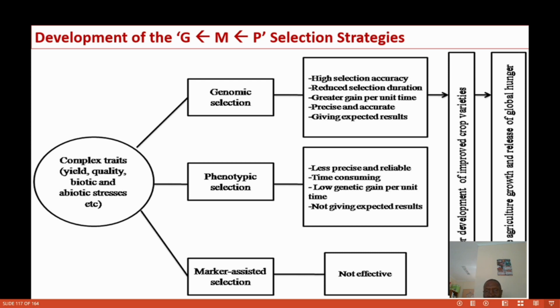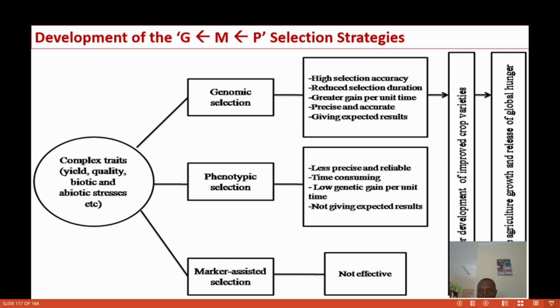Now, marker-assisted selection was talked about many years back, not too long ago, but it has been found not to be effective in selection of the complex traits. Phenotypic selection, the breeder's eye, is less precise and reliable, despite the issue of the breeder's favorite equation and things you need to do.